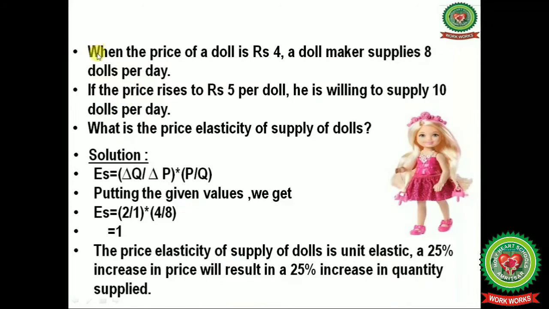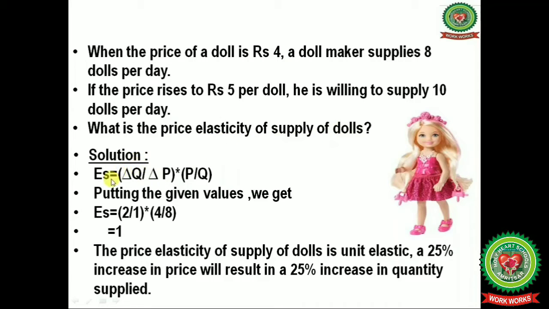Now next one is, suppose when the price of a doll is rupees 4, a doll maker supplies 8 dolls per day. If the price rises to rupees 5 per doll, he is willing to supply 10 dolls per day. What is the price elasticity of supply of dolls?